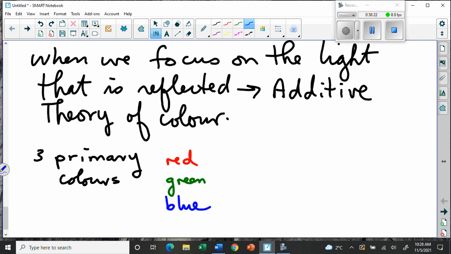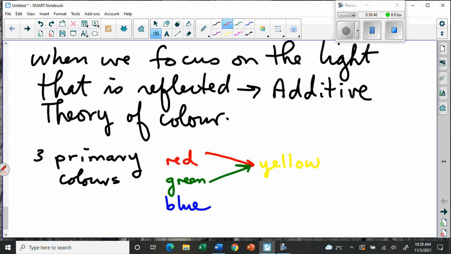Then, if you mix those reflected colors, if you see more than one reflected color at a time, we can mix them together. The red mixed with green produces what we see as a yellow color.